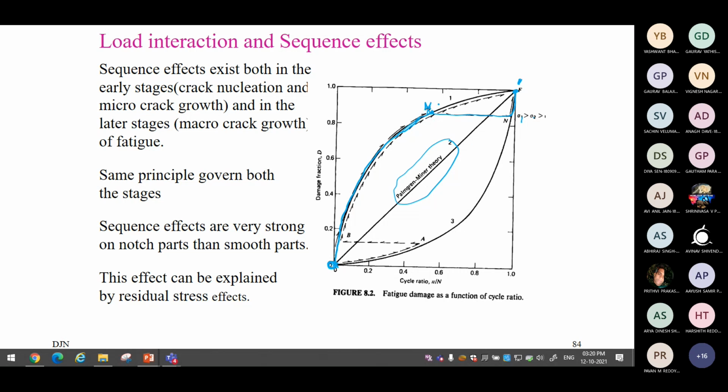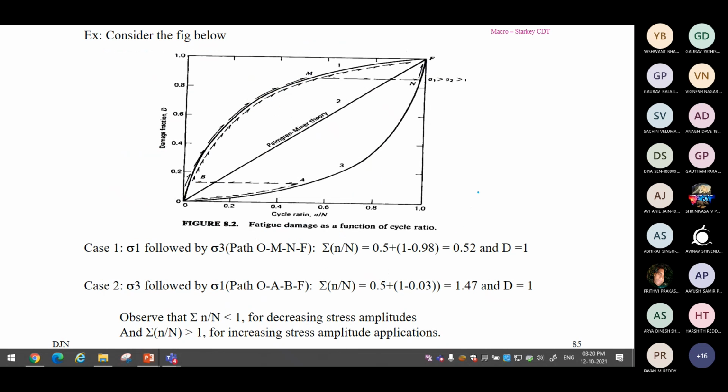Let us consider this is the sigma 1 line and this is the sigma 2 line. This is the damage path if only sigma 2 is applied, the curves. And this is the damage path if only sigma 1 is applied. The arrow marks are showing the path, the sequence in which we are applying the load.